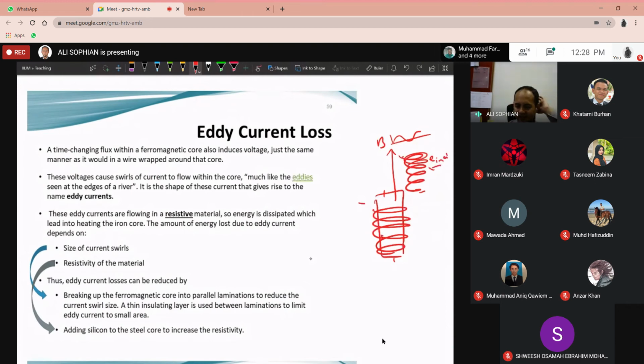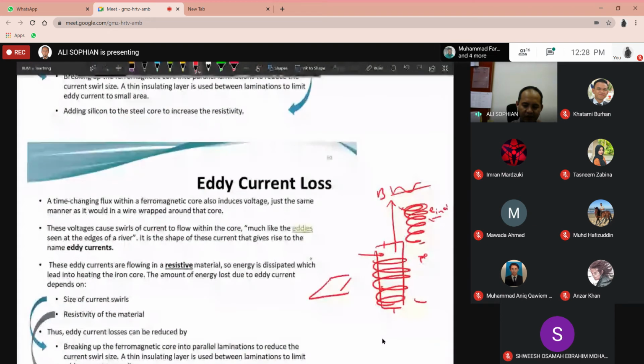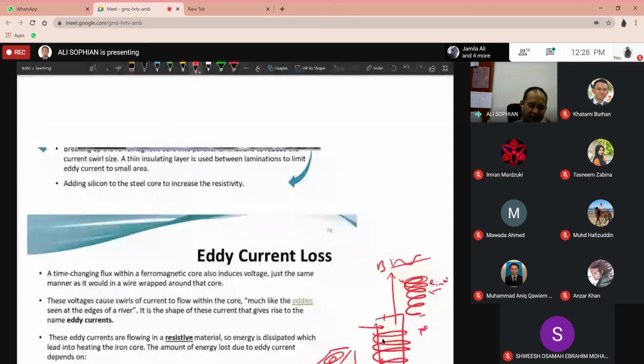But the effect is slightly different. In the coil it is straightforward: you have a plus and minus, so you know how the current will flow. But in the core, the voltage is induced somehow, so the current flowing inside the core is more like an eddy in a river, just like this picture here.